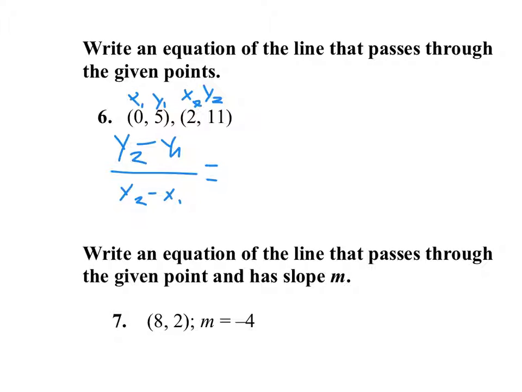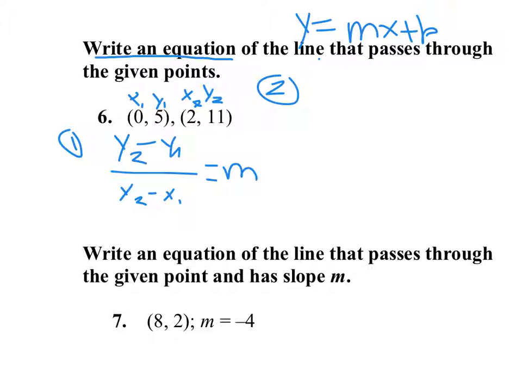This will give you the m, the slope. So this is step 1. And step 2, you need to know the b. Again, because in the end, we want it to be in y equals mx plus b. That's what it means when it wants to write the equation of a line.